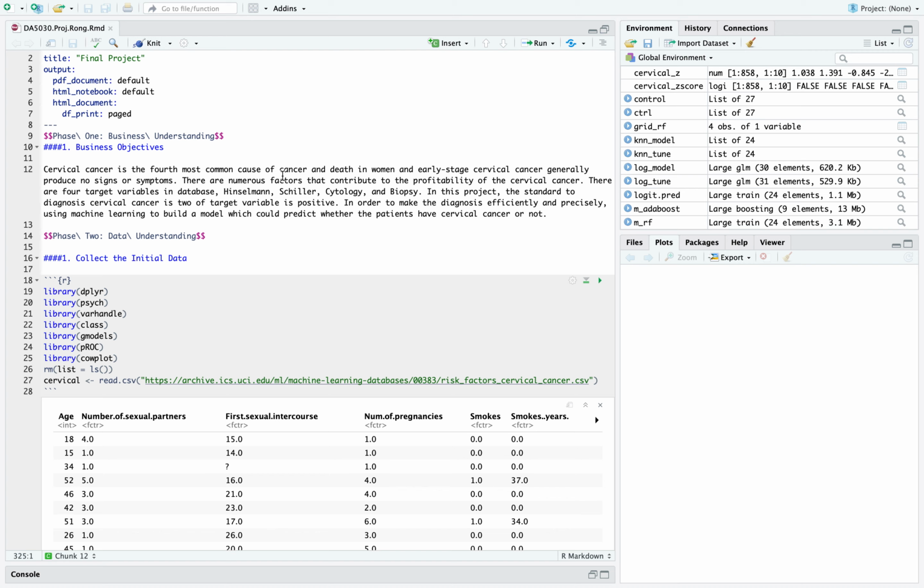There are four target variables in my dataset: Hinselmann, Schiller, cytology, and biopsy. In this project, the key to diagnosing cervical cancer is the positivity of two of the target variables. In order to make the diagnosis efficiently and precisely, I use machine learning to build a model which could predict whether the patients have cervical cancer or not.